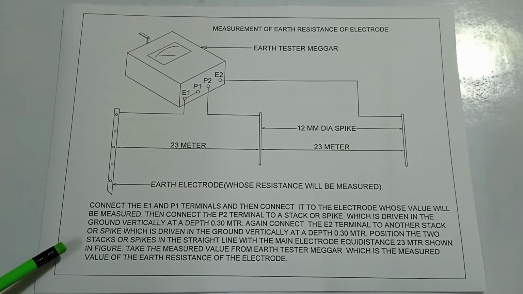Position the two stakes or spikes in a straight line with the main electrode, equidistant at 23 meter, as shown in the figure. Take the measured value from the earth tester megger, which is the measured value of the earth resistance of the electrode. Okay, next.